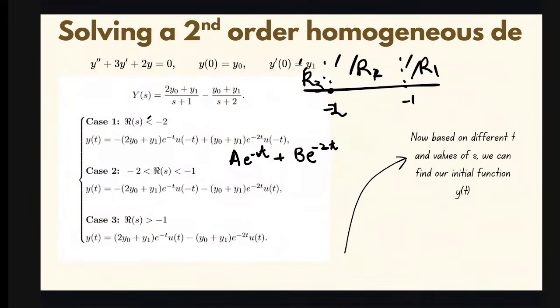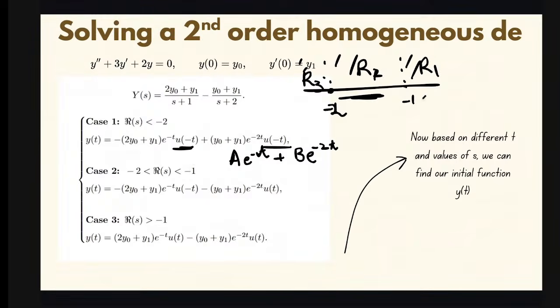For example, in this case, when real part of s is less than minus 2, that means real part of s is less than minus 1 as well. So both of these functions will follow the similar pattern, which will be u of minus t, and that is there here. And let's say in the second ROC, which is this region, we have real part of s less than minus 2 and real part of s less than minus 1.